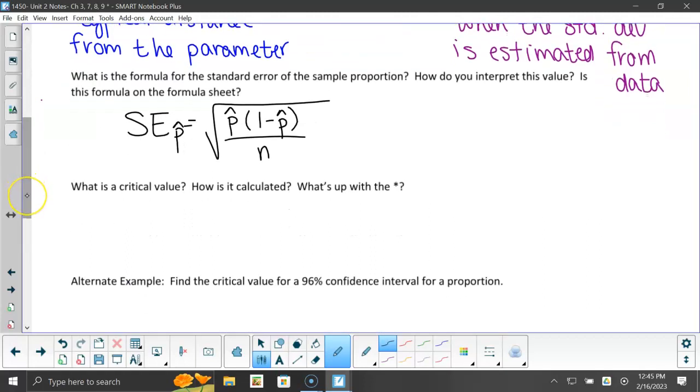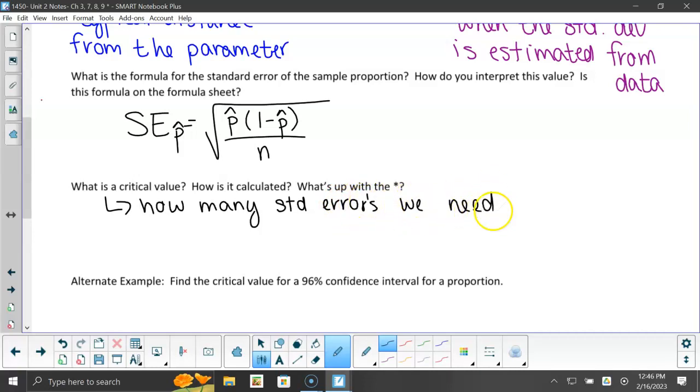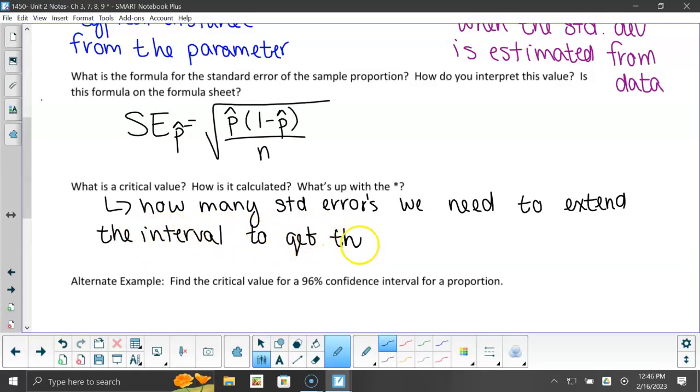All right, critical values. So the critical value is how many standard errors we need to extend to get our desired confidence.